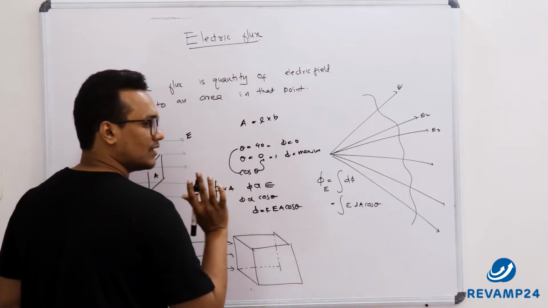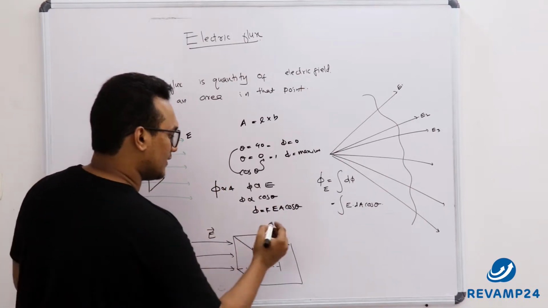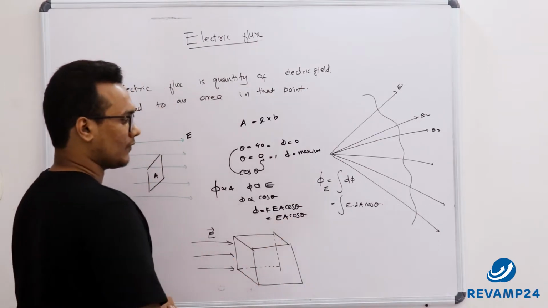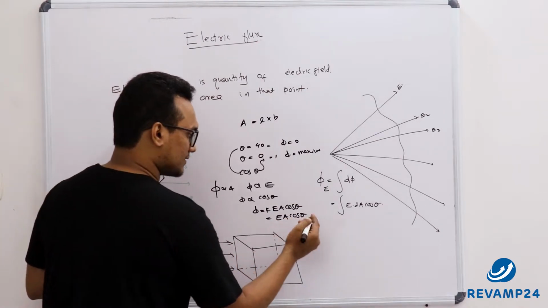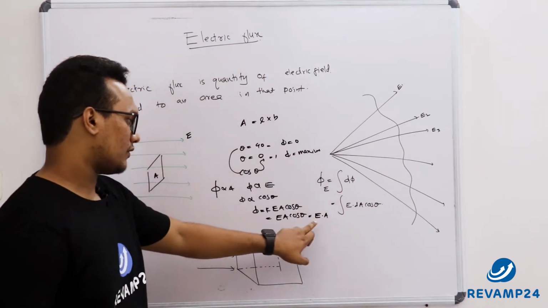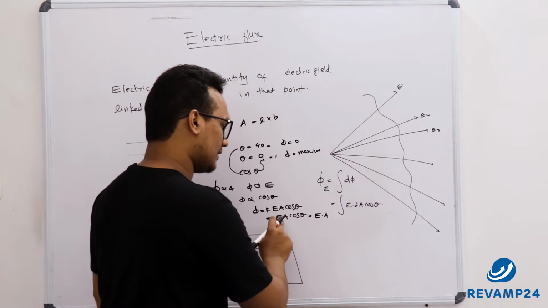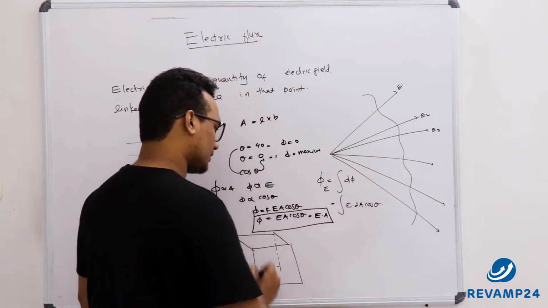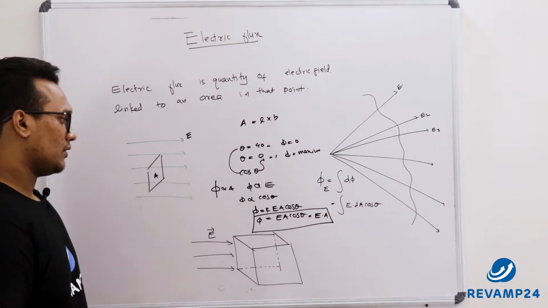The constant is 1 here because it has been defined in that way. So EA cos theta can be written as E dot A, the dot product of two vectors, since A dot B is AB cos theta. So flux is equal to EA cos theta or E dot A.